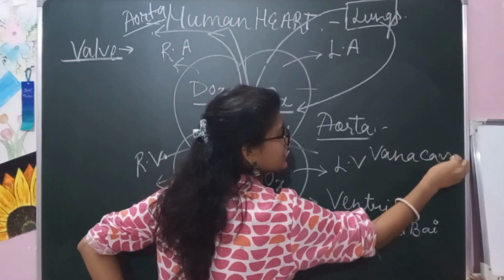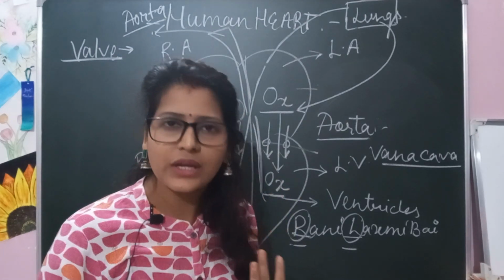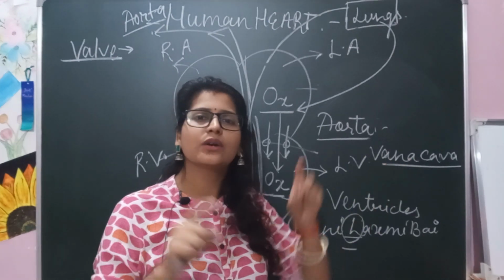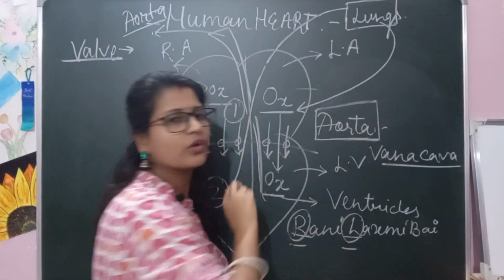We have studied arteries, veins and capillaries. When all veins combine, they form the vena cava. When all arteries combine, they form the aorta.